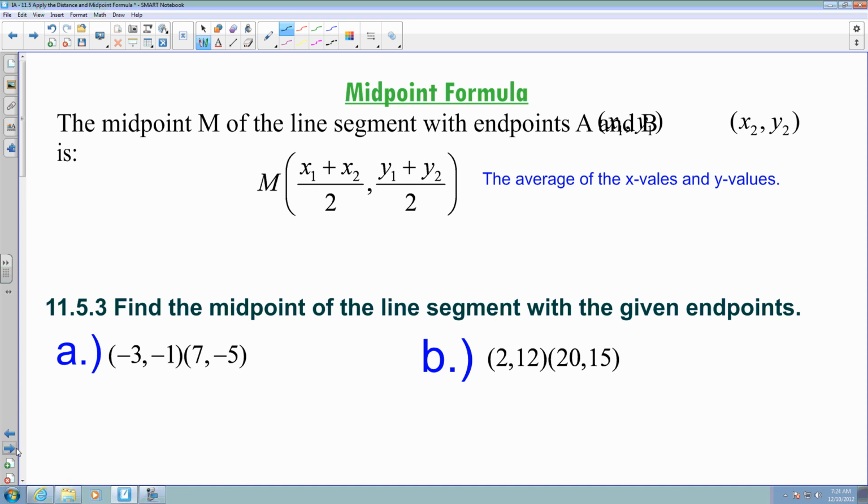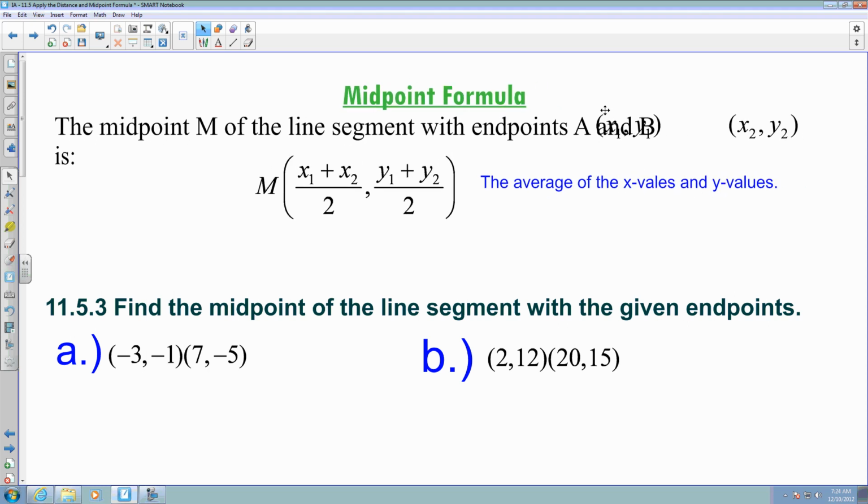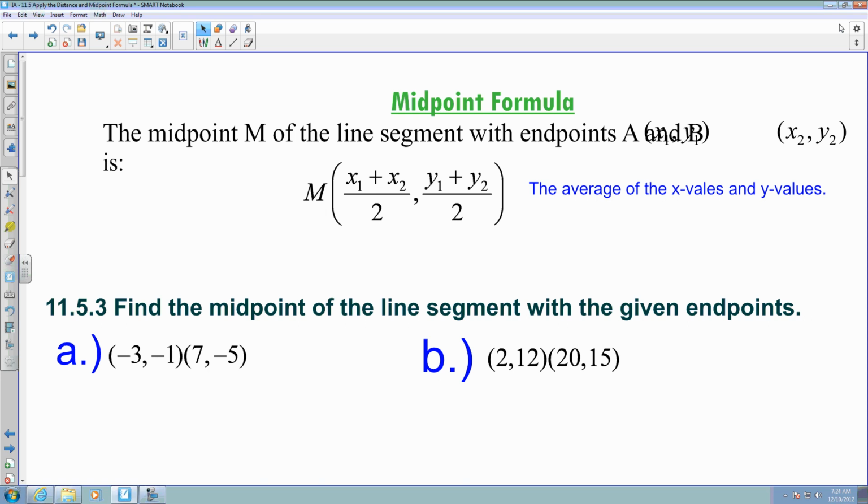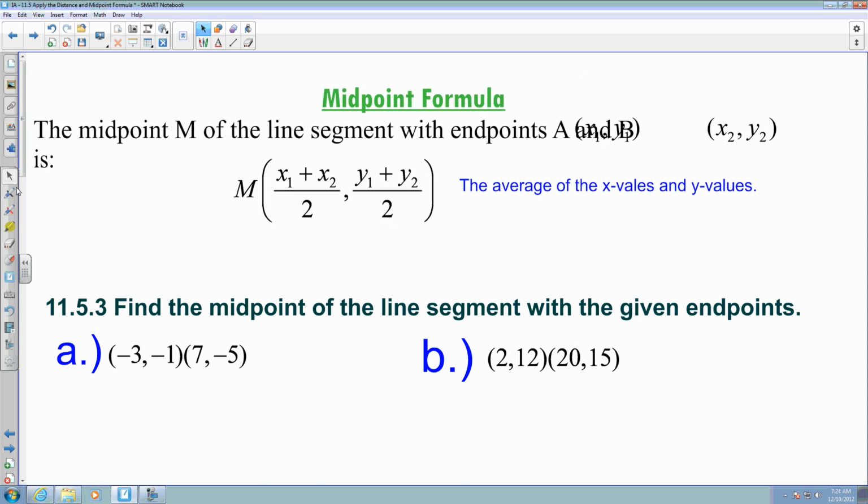The midpoint formula, which is represented here as M, is what they're trying to find: the midpoint M of a line segment with endpoints A and B at x1, y1, as written right here, and x2, y2.